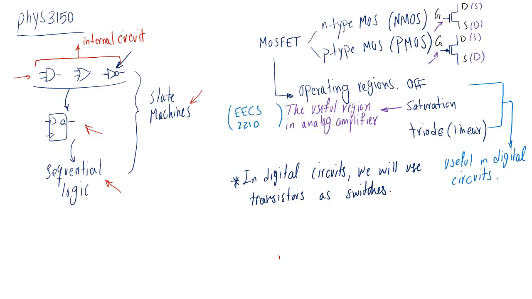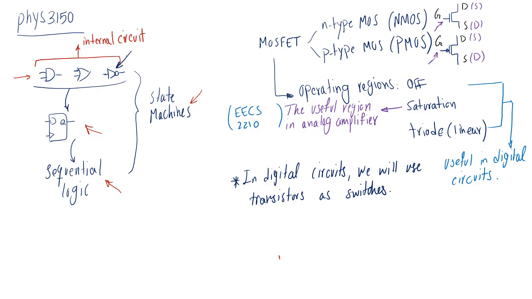Now, just to give you a simple idea, again, if you want to know more about this, you can take this ECS 2210 course, or even more advanced courses on semiconductor devices. But generally, the idea of a transistor is quite simple, at least from the zero order.